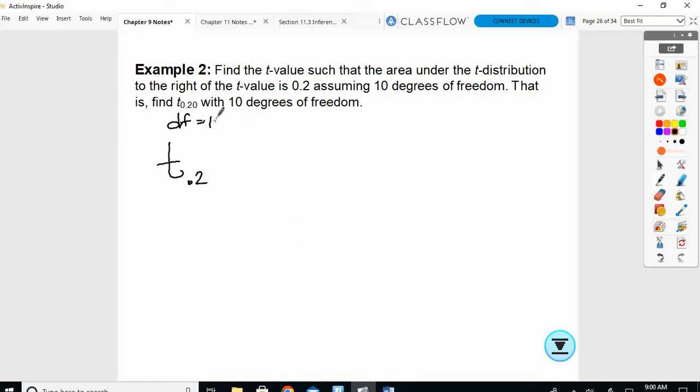My degrees of freedom, I told you, was 10. So if you look on your t distribution, your rows, we have these degrees of freedom. So we want to go down to 10. And at the top, it has probabilities. We want the probability 0.2, so we go over to the 0.2, and what's the number there? 0.879.